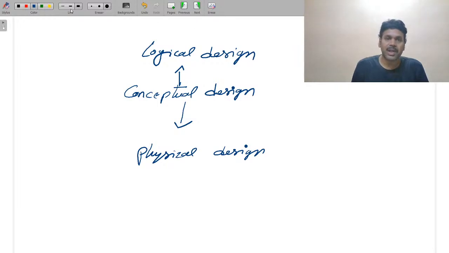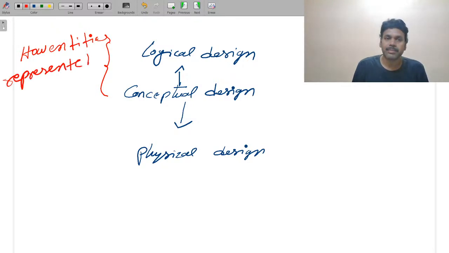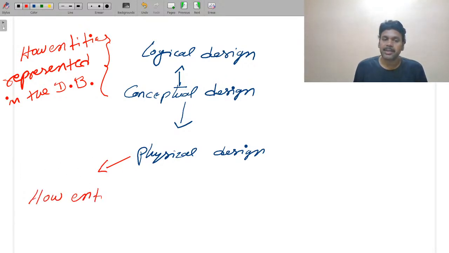What this logical design and conceptual design are describing is how entities are represented in the database, and what the physical design is talking about is how entities are stored in the database.